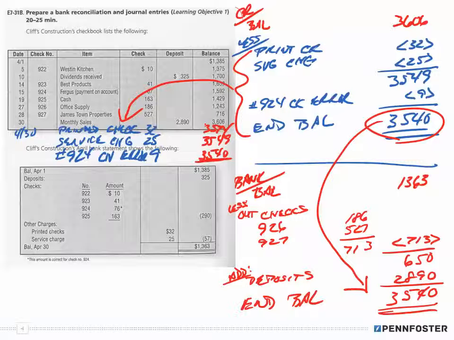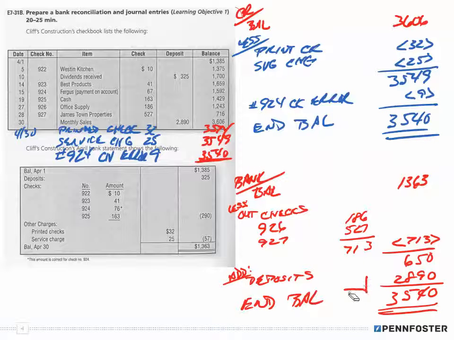Okay. Now, as a quick aside, a lot of students don't realize this, and it's not covered too much in the text materials, because they only teach you bank reconciliations for one month. But let's say we go into the next month.